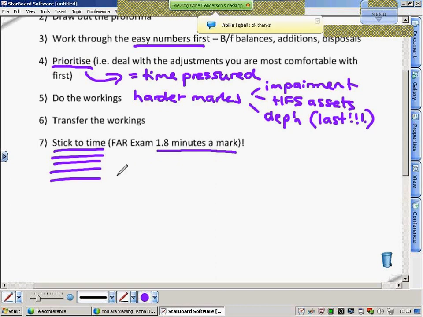I know that a lot of you are asking about the question banks. The question banks have not been published yet for FAR, that's why they weren't in your material, but there is also a limited number of questions for you to attempt based on it being a new exam. Once you start attempting the questions, then what you mustn't do is spend a long time doing each question, getting it perfect, because essentially you are not working within the time frames of the exam. The exam will be ridiculously difficult to do in time.